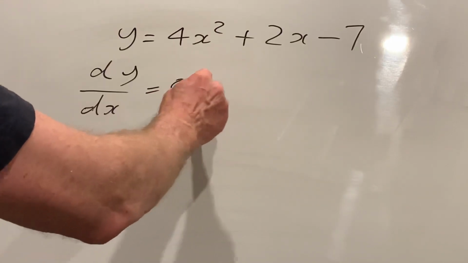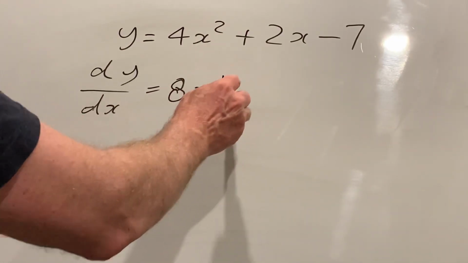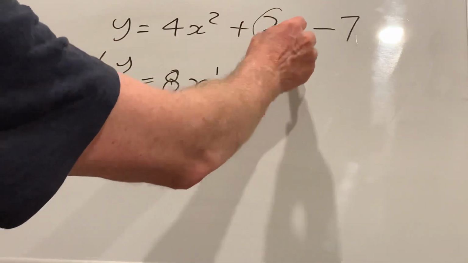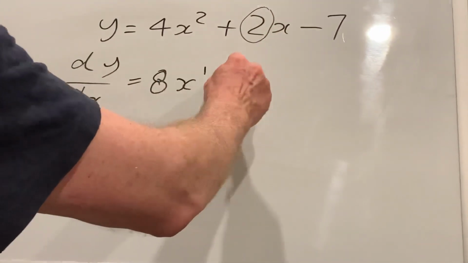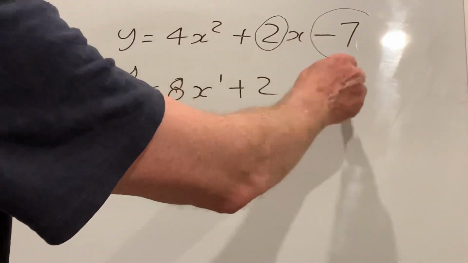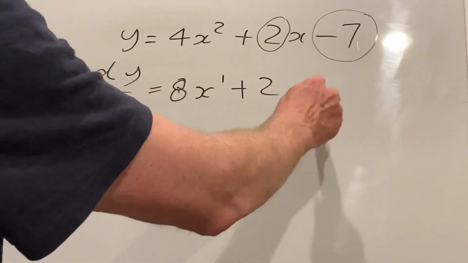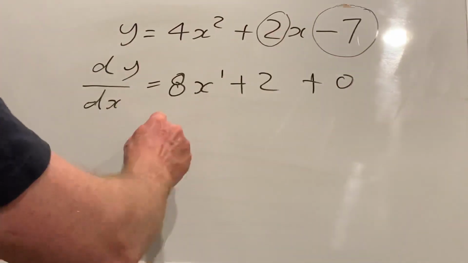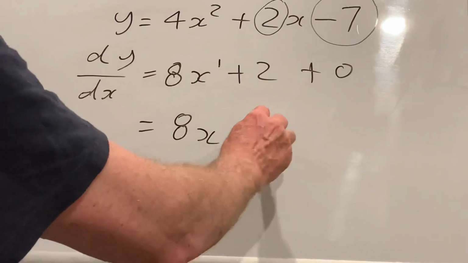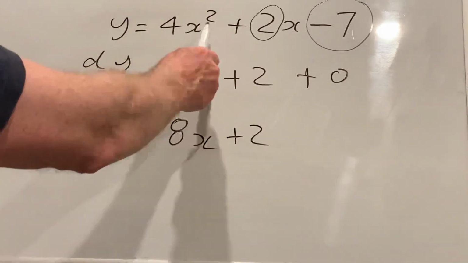That equals 8x to the 1, because you take 1 off the exponent, plus 2, and the differential of a constant, or just a number, is 0. So it doesn't count. So you can see the differential is 8x plus 2 of this equation.